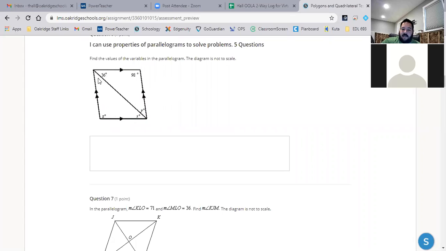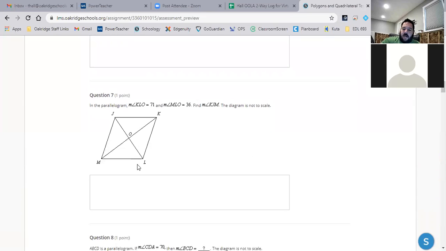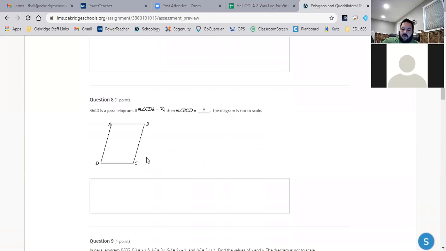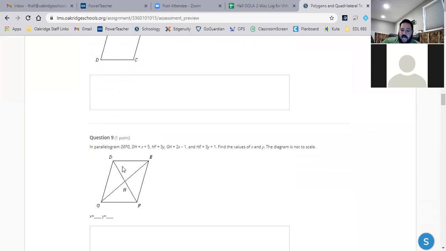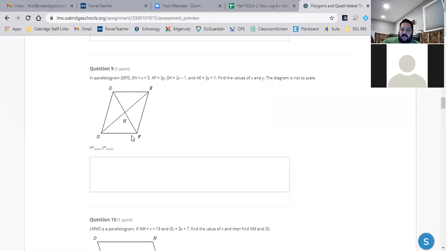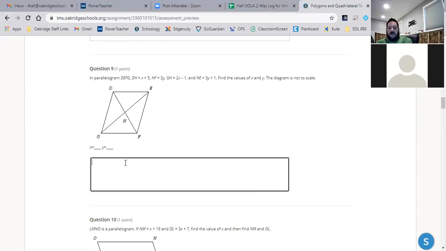So this angle is the same as this angle. And the opposite angles are congruent as well. So we had some problems with angles, or we could do some with side lengths. Remember, the opposite sides are going to be congruent. So for this one, you're going to solve for both x and y.